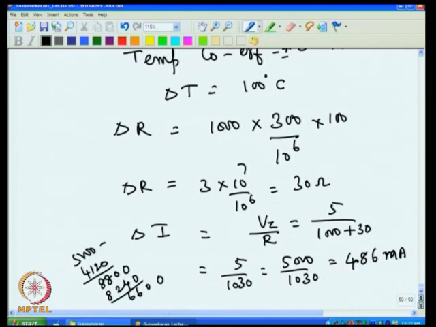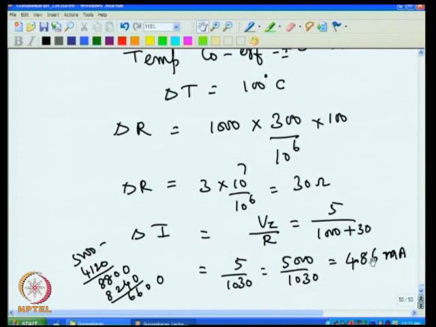Or the other way around, if I take this as minus, then it can become 0.14 milliampere higher, that is 5.14 milliampere. It does not matter, we can take it both ways, because we do not know whether the current is increasing or decreasing.